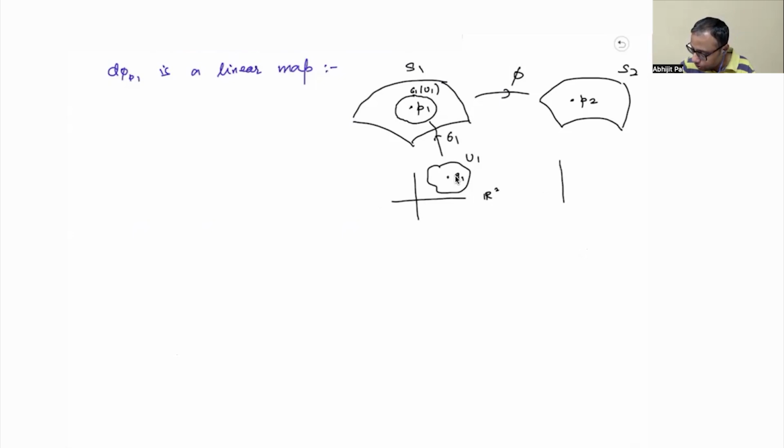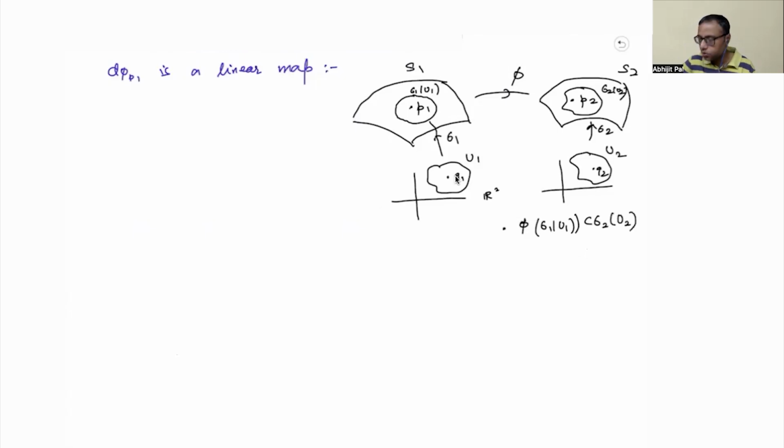So U2 comma sigma 2 is a surface patch, such that phi of sigma 1 U1 is contained in sigma 2 U2.